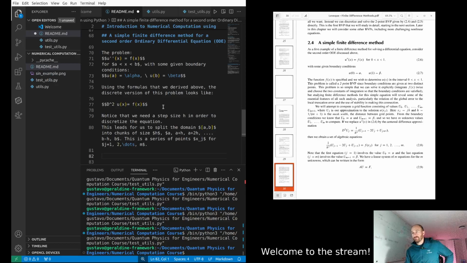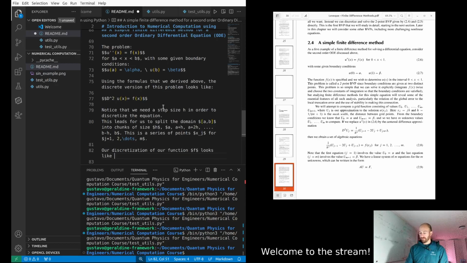We also have, therefore, our discretization. It actually looks a little bit like this. This one is easier, actually. Discretization of our function f looks like this, right? So it looks like f of x of j.